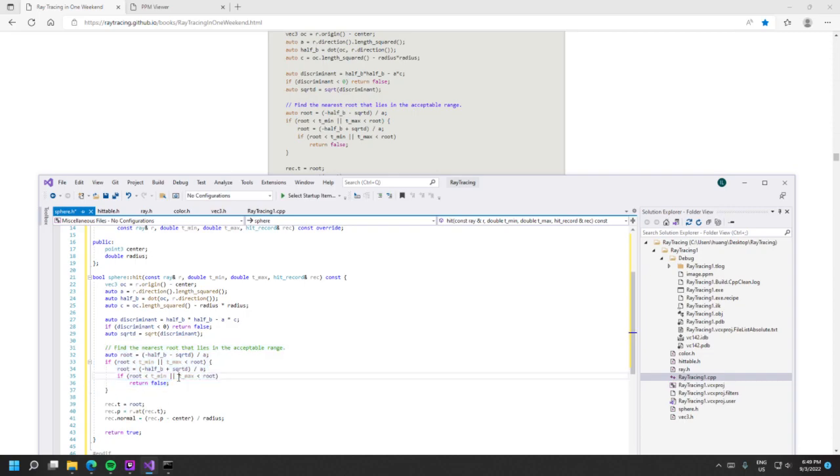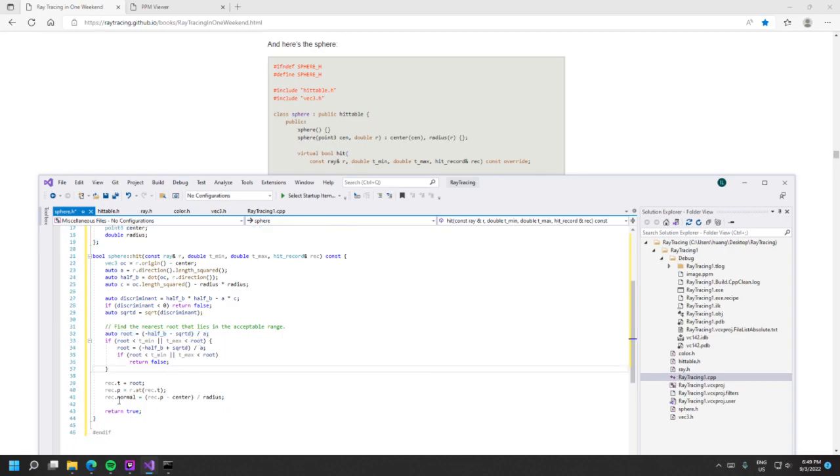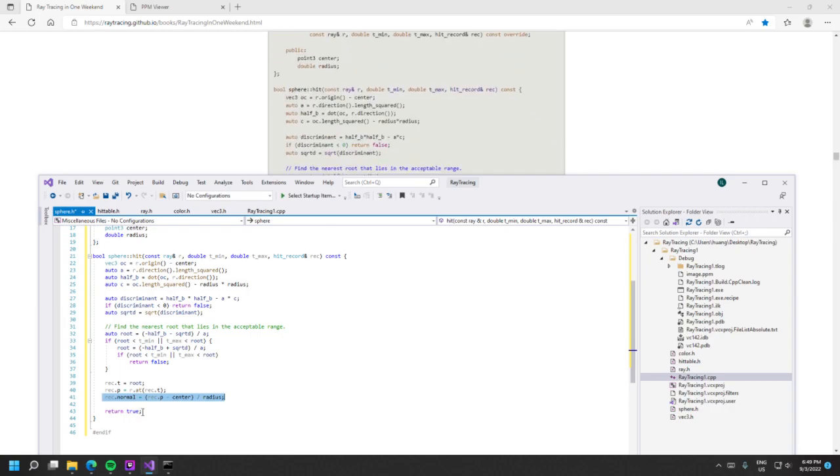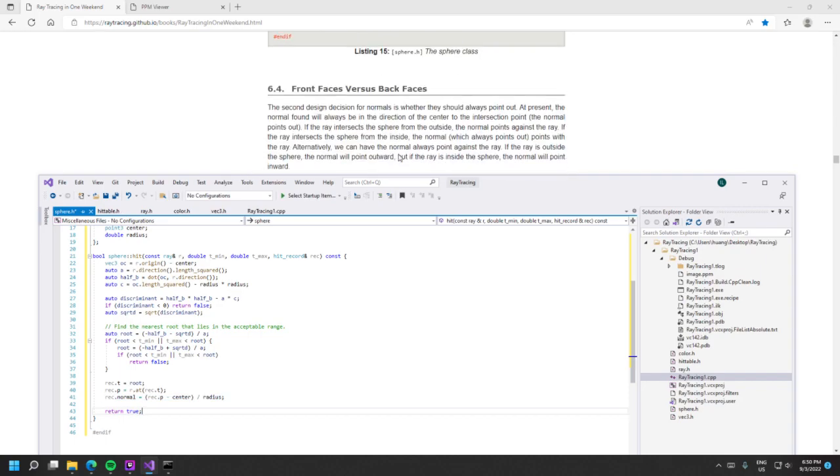This root is the place that we're interested in, and only if it's within t min and t max. And this is the normal vector that we have. If we get to this point, the sphere object also stores the normal vector now. So we have what we need, and this function can just return true to say that the ray has hit the sphere.